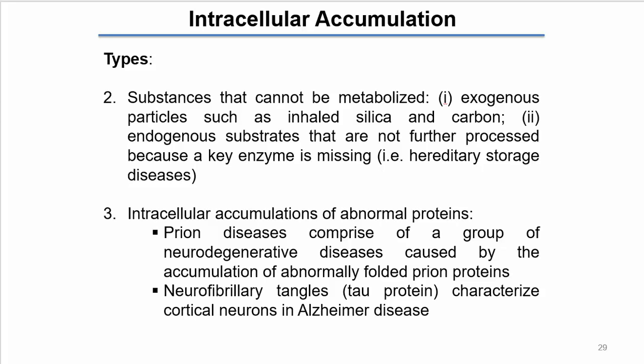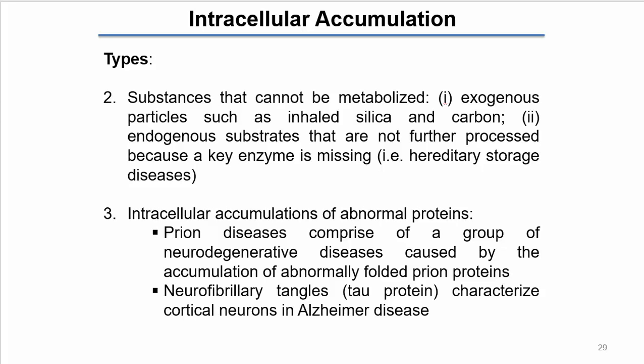There was an accumulation of silica, basically sand, quartz, in the cells of their lungs, and they died of lung disease because of it. Carbon from smoke inhalation will accumulate. That could be cigarette smoke, but it could be from the environment, that kind of thing.